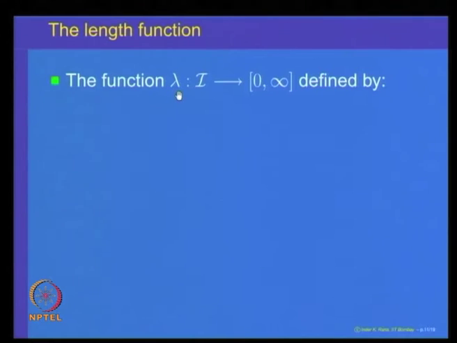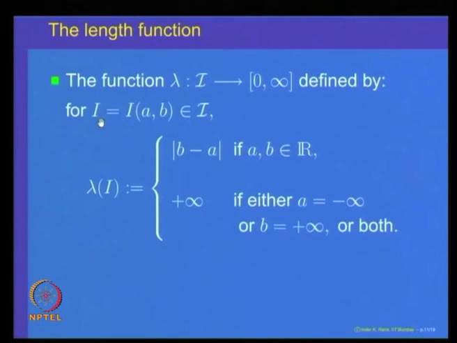So, it is a set function lambda defined on I taking values in 0 to infinity and is defined by: take any interval I with left end point a, right end point b. So, we define it as the absolute value of b minus a if a and b are both real numbers.